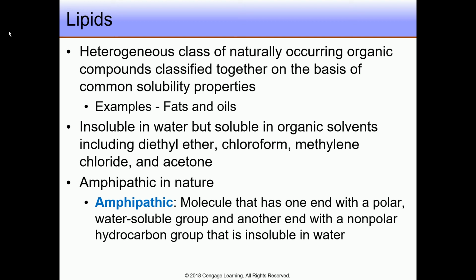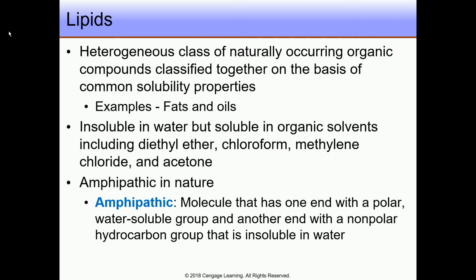Lipids are macromolecules, but they're a little different from proteins, carbohydrates, and nucleic acids, because those are polymers, which means they are big macromolecules made of repetitive subunits called monomers.